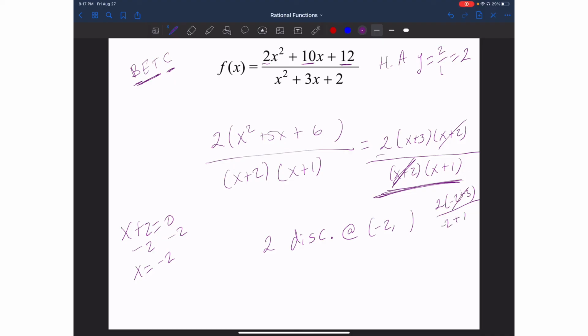So I'm going to simplify the parentheses, which simplifies to simply just 1. And then negative 1 plus 2 is just negative 1. So on the top, I'm left with 2, and in the denominator I'm left with negative 1, which will give me negative 2. So my removable discontinuity happens at (-2, -2).